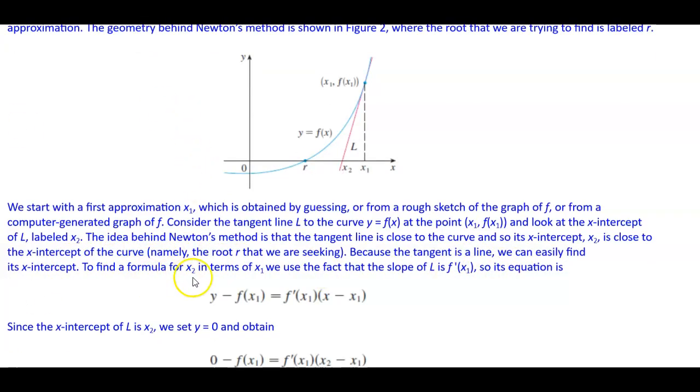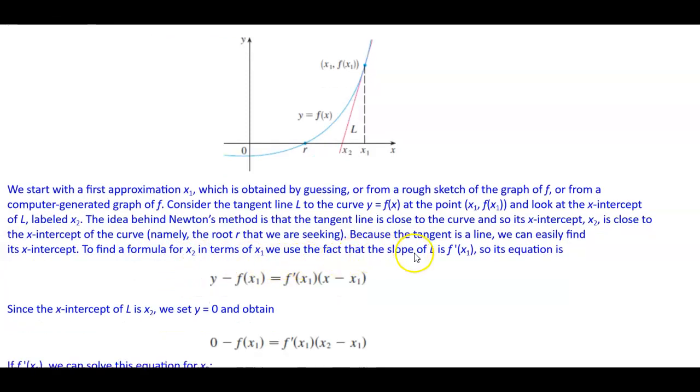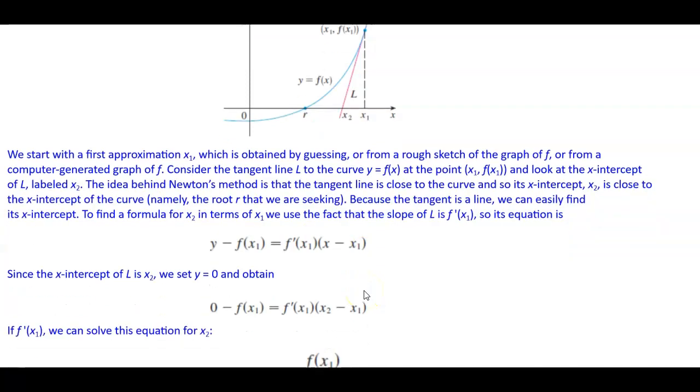To find a formula for x2 in terms of x1, we use the fact that the slope of L is f'(x1). So its equation is y - f(x1) = f'(x1)(x - x1).